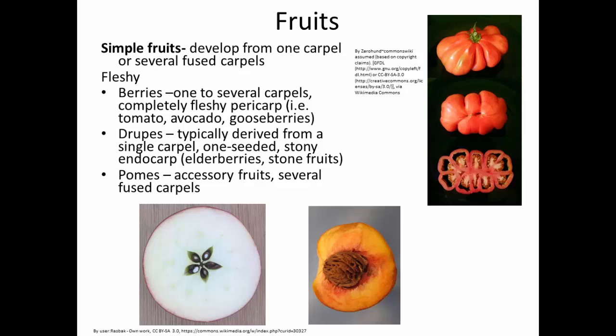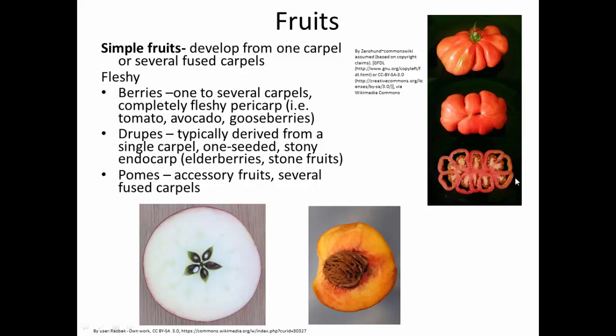So I just want to point out that many of the things that we call berries in the grocery store aren't actually berries, and there are some things that might surprise you that are berries according to the botanical definition, and that includes fruits like tomatoes.